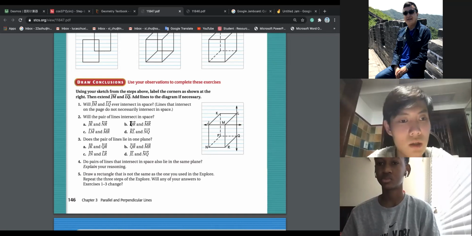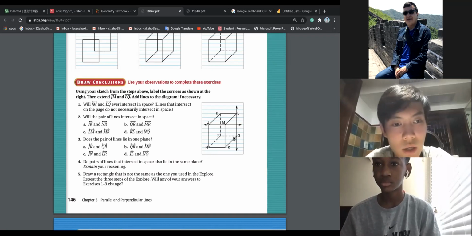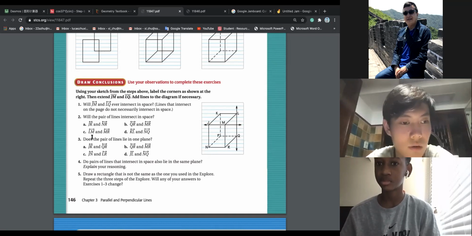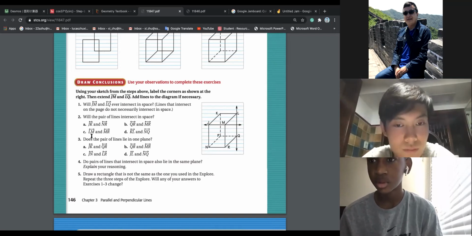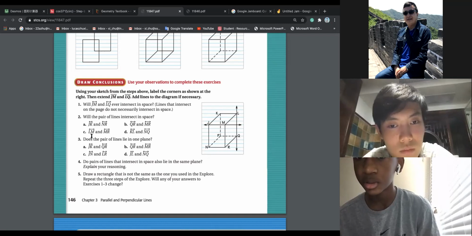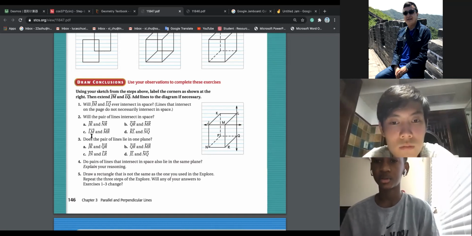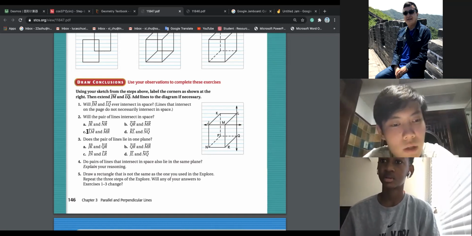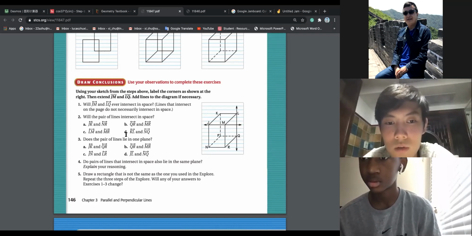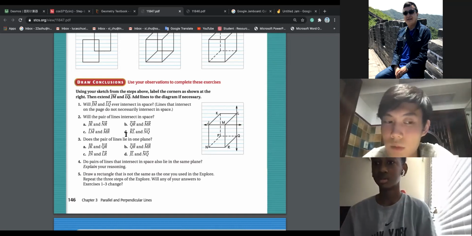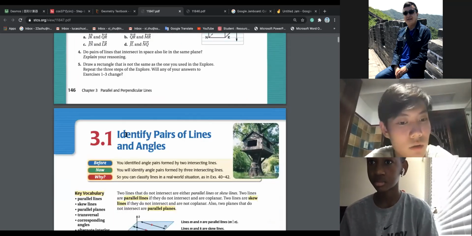How about B, line QR and line MR? Yeah, they do intersect. How about this one, C? Oh, yes. Okay. And how about D? No. Yep, they do not intersect.